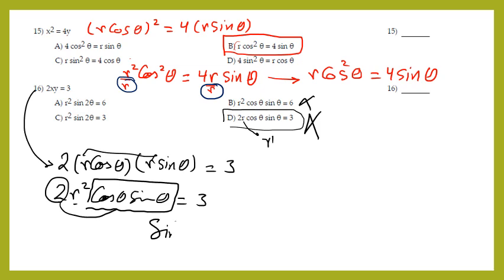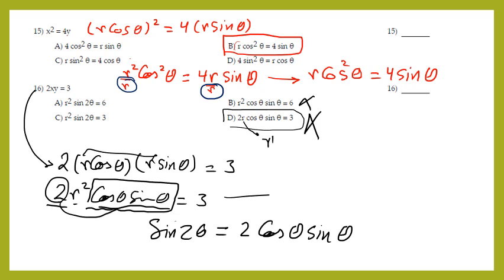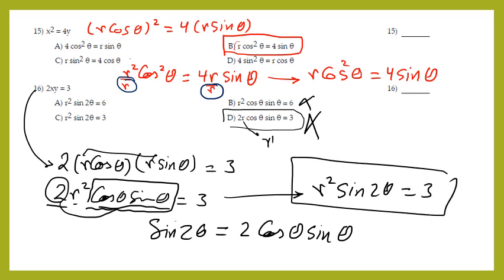So I'm going to replace cosine theta, 2 and sine theta. So the right answer will be r squared sine 2 theta is equal to 3, which is C.